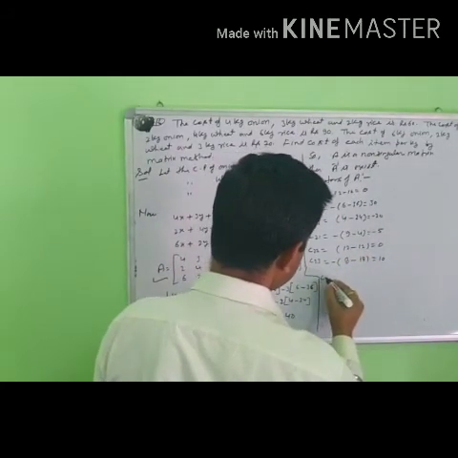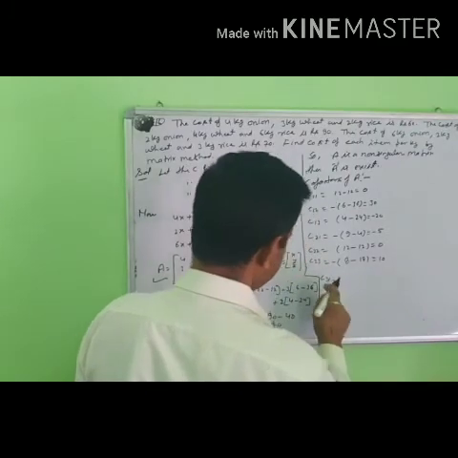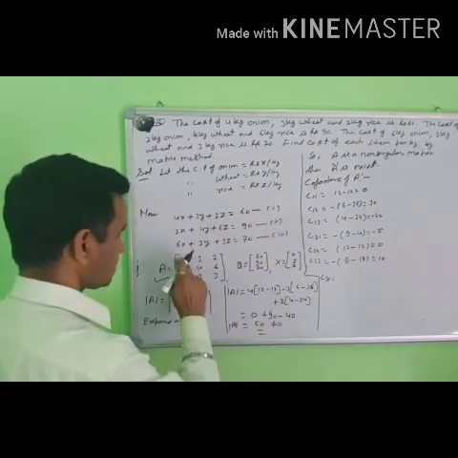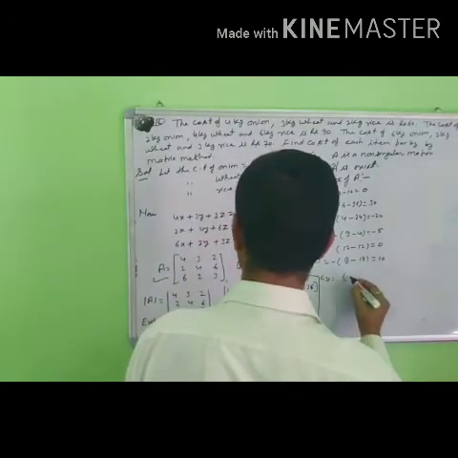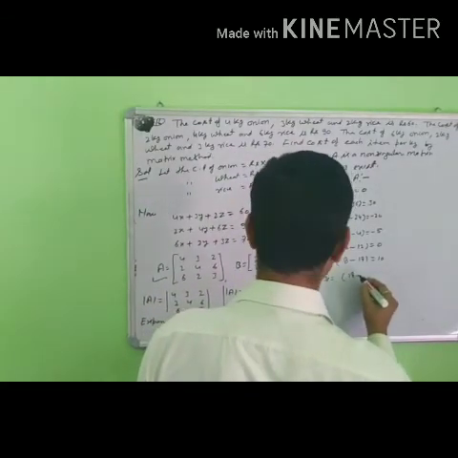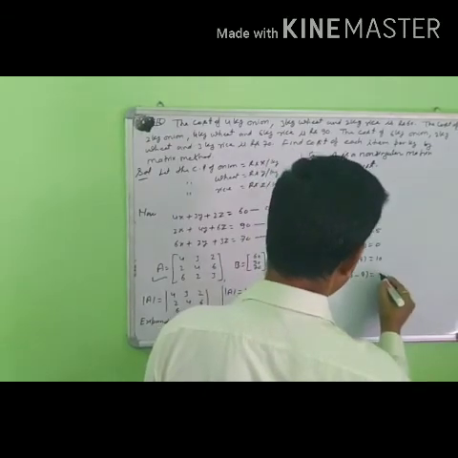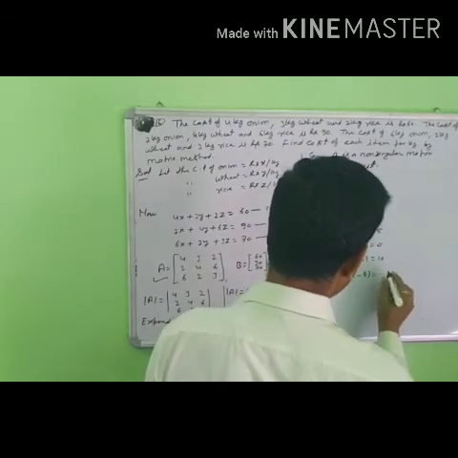Next C31. Third row, first column will be hidden here. So 6 3s are 18 minus 4 2s are 8. Sorry, this will come 10.